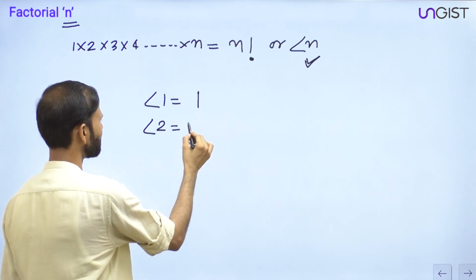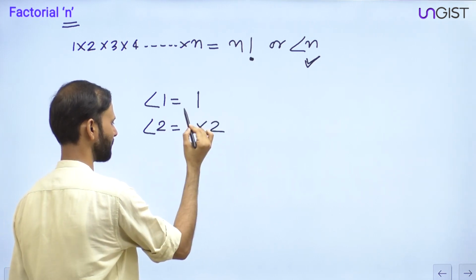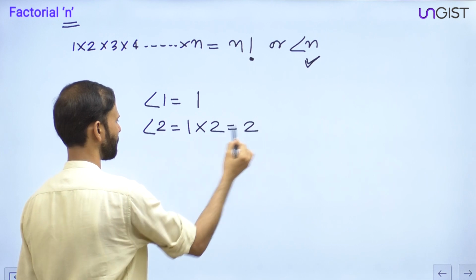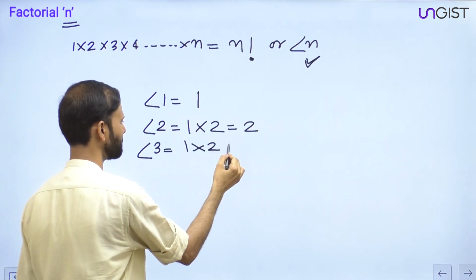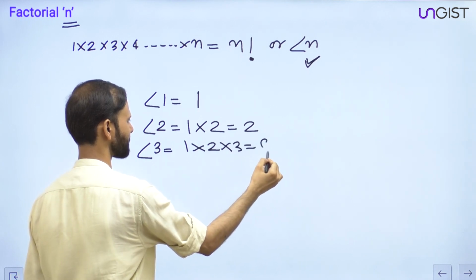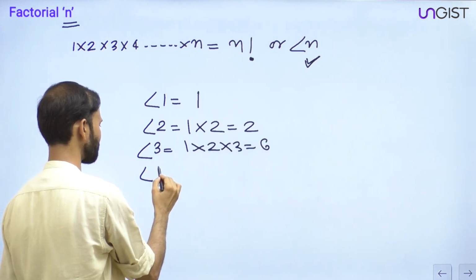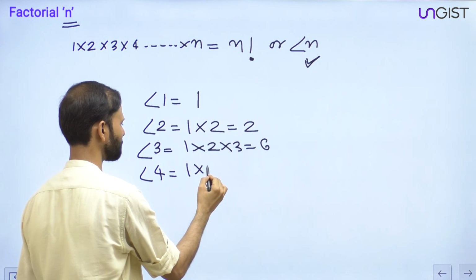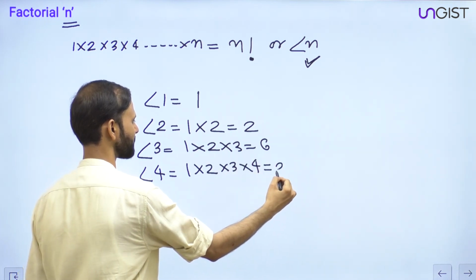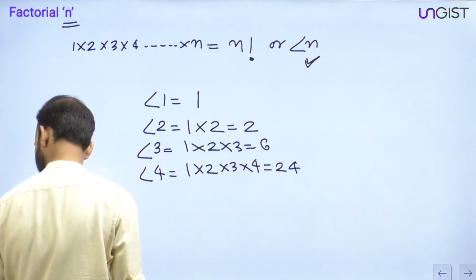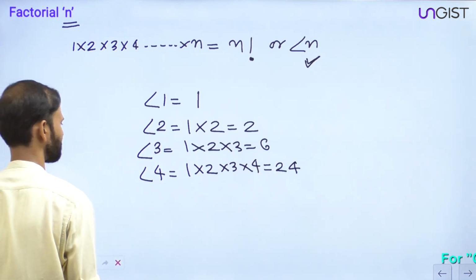What is factorial 2? This is 1 into 2, which is 2. Factorial 3 is 1 into 2 into 3, which is 6. Factorial 4 is 1 into 2 into 3 into 4, which is 24.